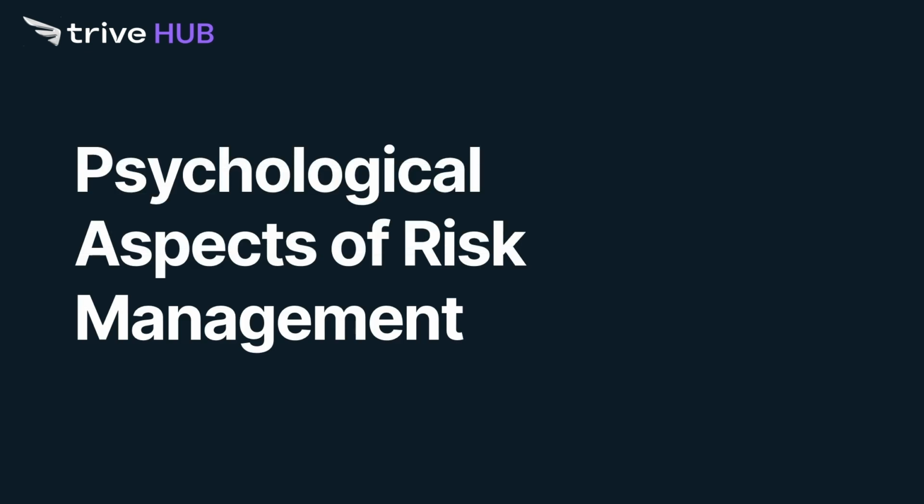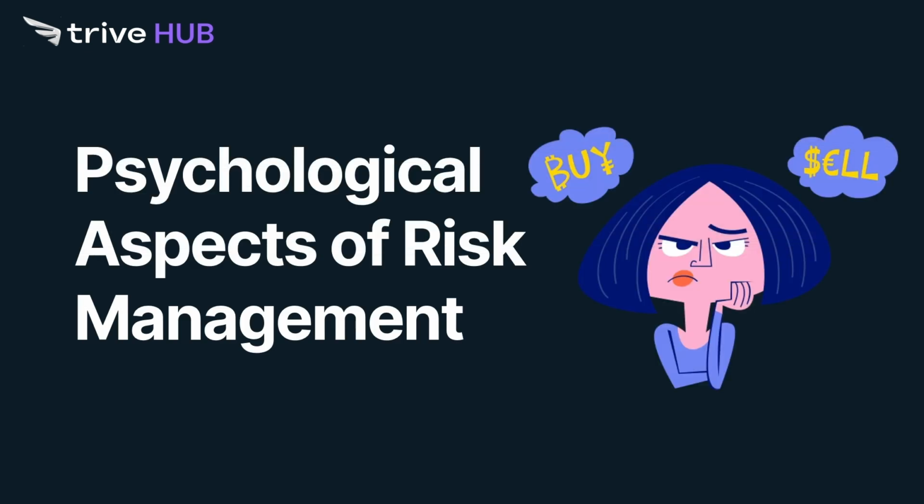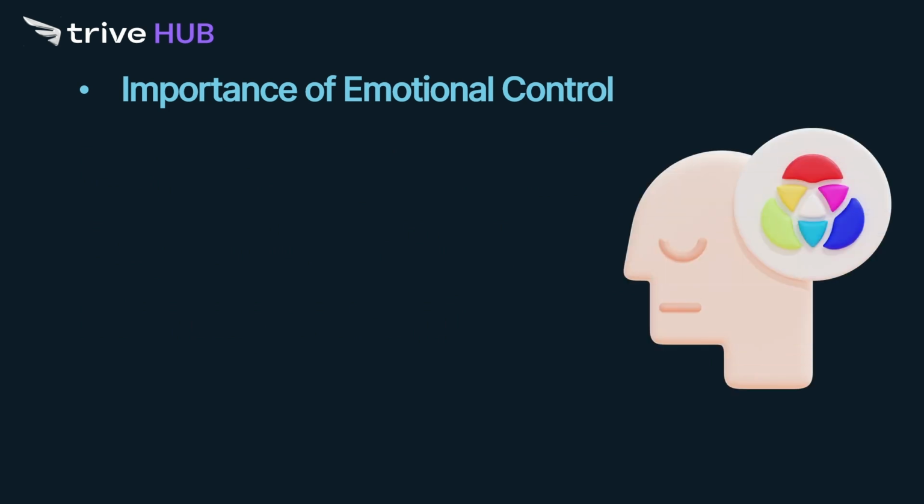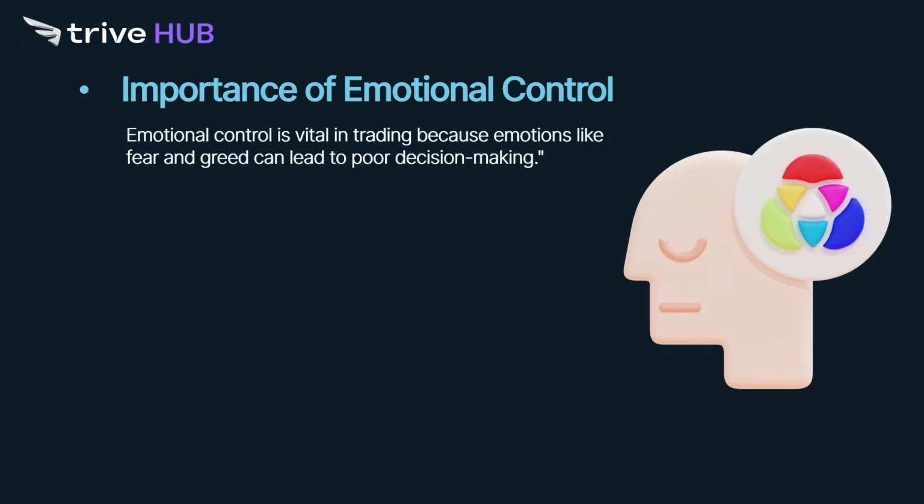Managing your emotions and maintaining discipline are crucial for long-term success. That's why you need to understand and remember the psychological aspects of risk management. Emotional control is vital in trading because emotions like fear and greed can lead to poor decision making.